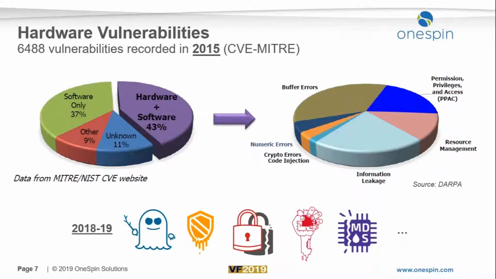Now, if we look at 2018-19, these have been very good years for hardware, taking center stage in security issues with Meltdown, Spectre, ZombieLoad, MDS. These are all hardware-based attacks that could be used, for example, to leak secret information, related to microarchitectural features of processors.